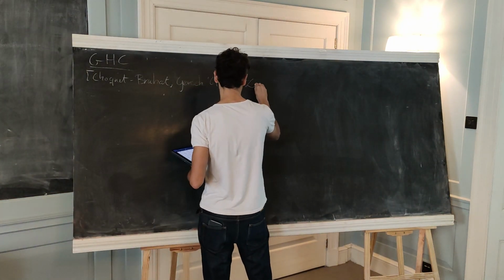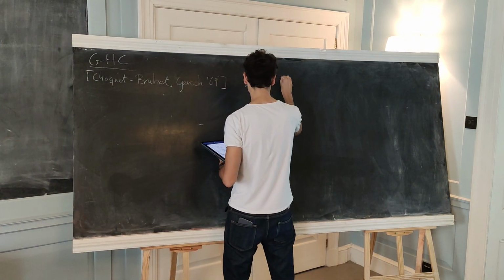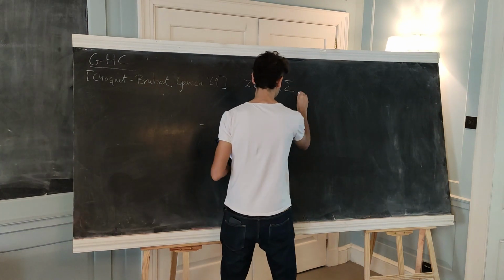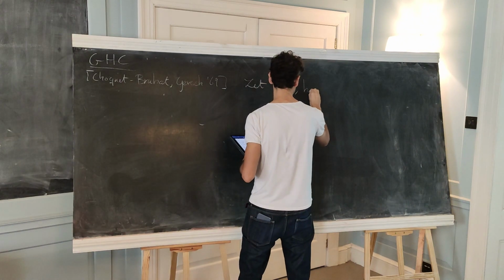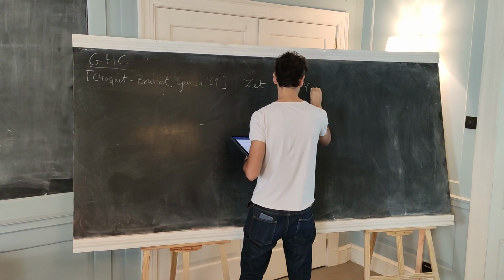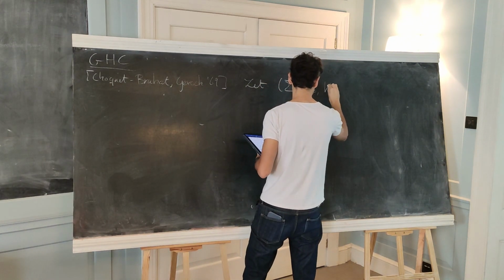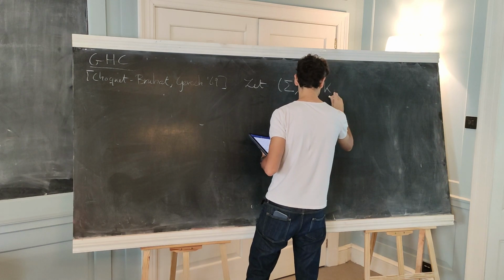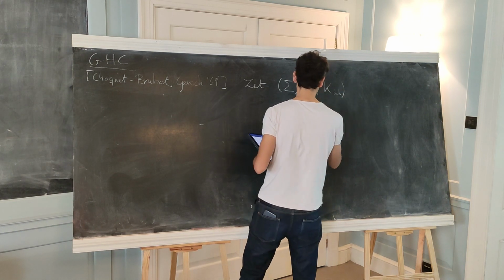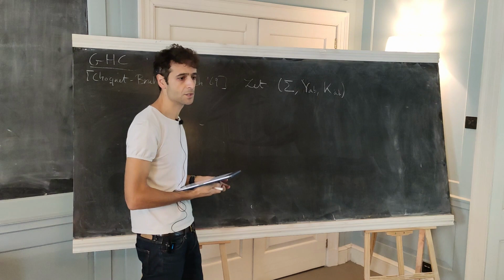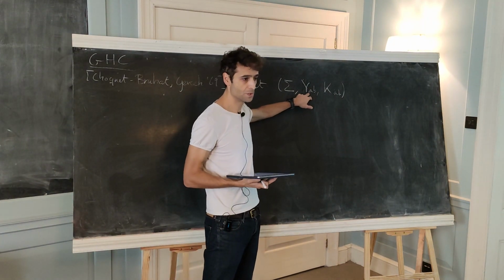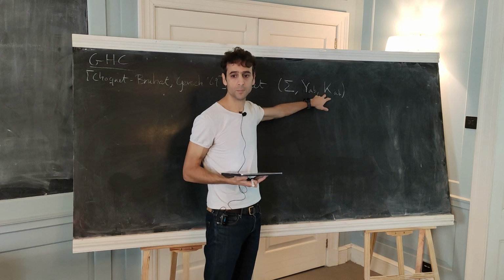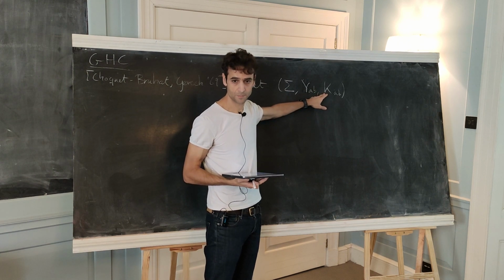It says, let there be a hypersurface sigma with induced metric gamma. So the way you understand this is that you have a hypersurface, and on this hypersurface you have two pieces of geometric data. That's the first fundamental form, which is the induced metric, and the second fundamental form, which is the extrinsic curvature.